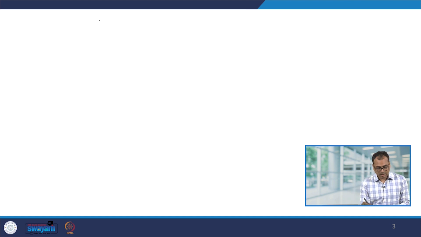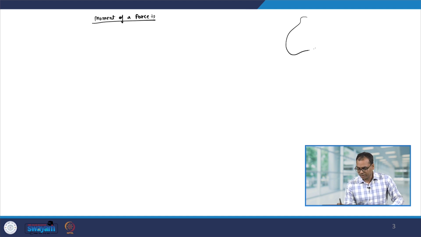We also discussed the moment of a force. Let us say I have a rigid body and on this rigid body a force F is acting. Let us say this is the point O about which I want to determine the moment.